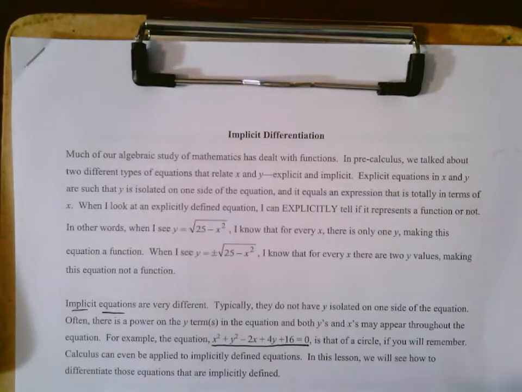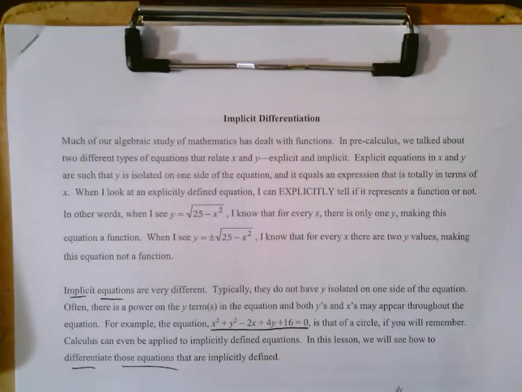So we're going to differentiate these equations, okay? You're still going to have all your rules for differentiation. It's just a little bit different when we take the derivative of a function that's not just y equals something.